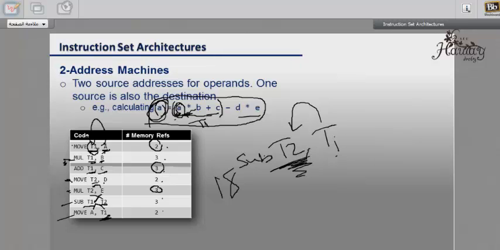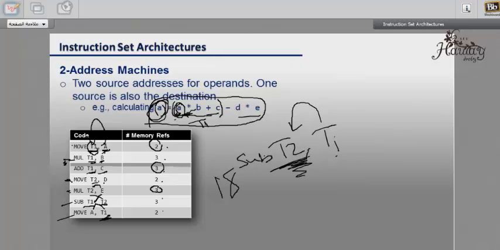So I can straight multiply T1 with B, but according to the two-address machine rule, always the one in the middle slot is a source and destination. So when you do your operation, it will store inside the middle one, because this is the rule. You store inside the middle.